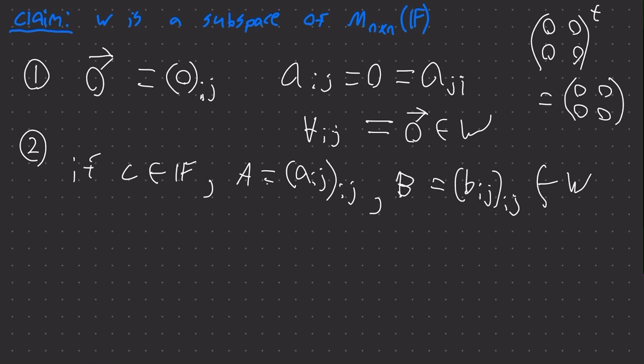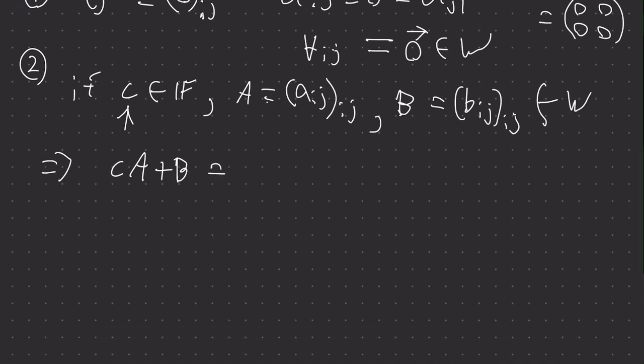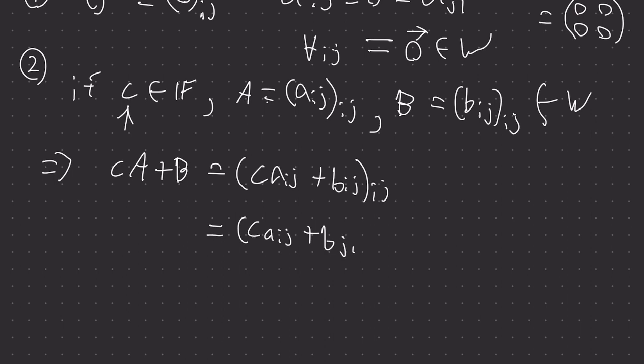So here's what we'll do. We'll take the c here, because we have to check the multiplication of a scalar, and we take cA plus B. Now we just check if this is true. This equals cA_ij plus B_ij. So far this is working out, and from this point on, we can say that it equals cA_ij plus B_ji.